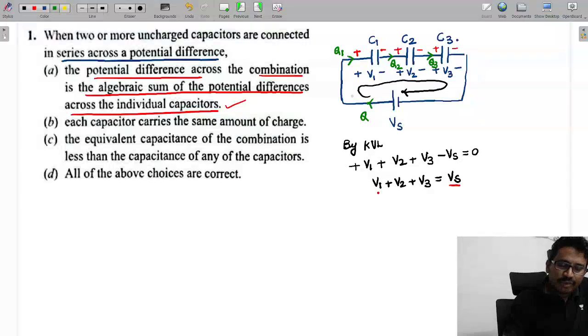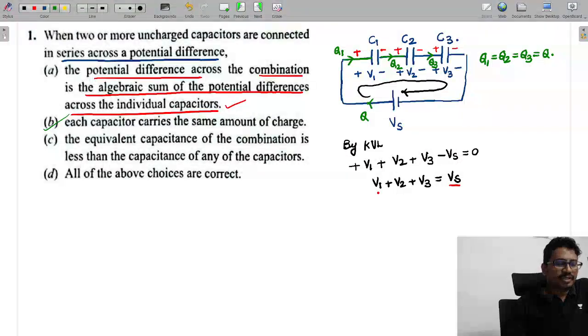The same amount of charge passes through all the capacitors, right? So Q1 equal to Q2 equal to Q3 is equal to Q. That means each capacitor carries the same amount of charge.